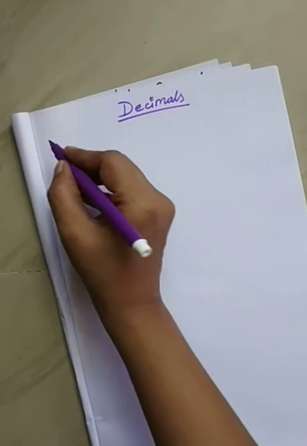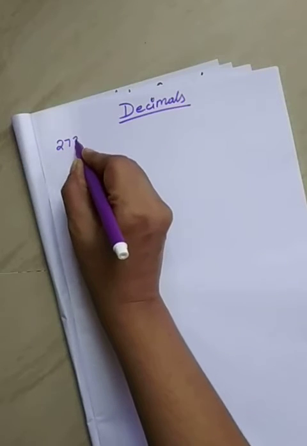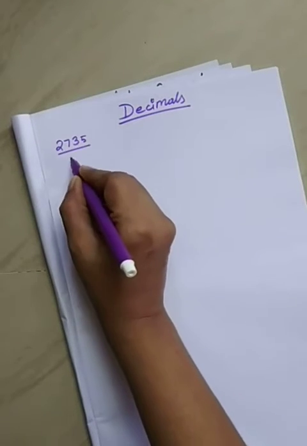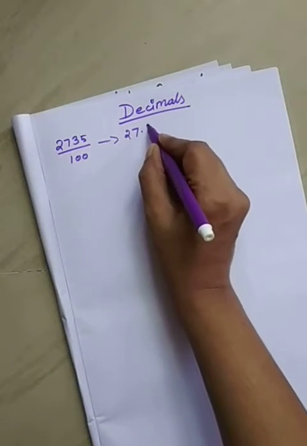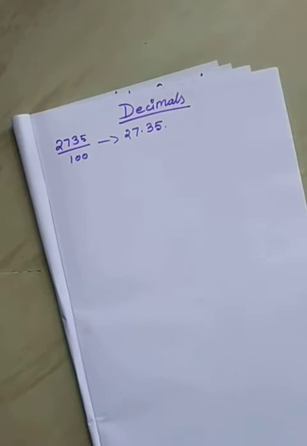See one example. Let us take 2735 divided by 100, which is the fractional form of the decimal number 27.35.